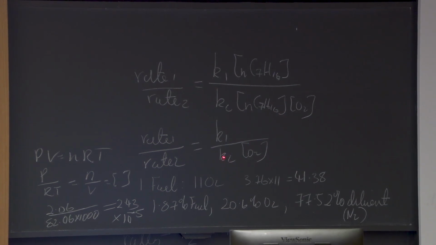So the relative rate is K2 times the concentration of O2, which is about 2.5 times 10 to the minus 5 at 1,000 Kelvin. So it's decreasing that rate by 5 orders of magnitude relative to the rate of 1.